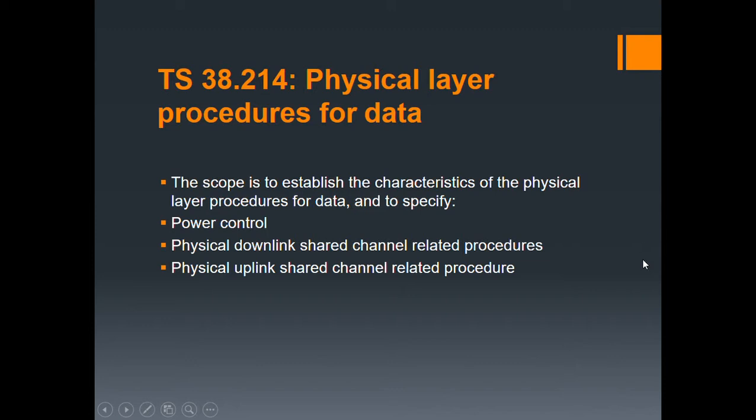Now we move on to 38.214 physical layer procedures for data, as in case of LTE, also 36.214. This specifically deals with power control, some technique that has been implemented right from CDMA, WCDMA, where power varies per second 800 times, and that is continued in LTE and 5G as well.